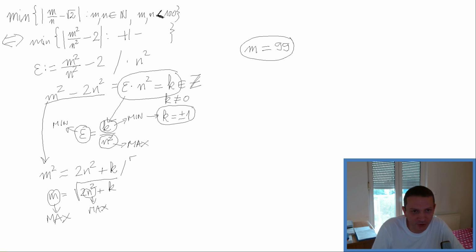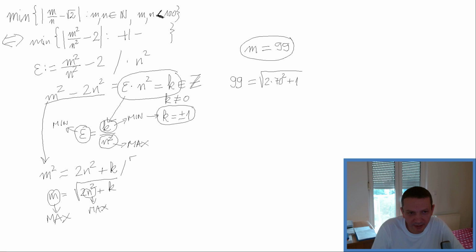And actually we can immediately find this best approximation simply if we verify that 99 squared is equal to 2 times 70 squared plus 1.